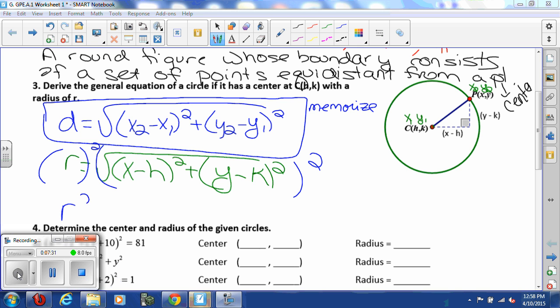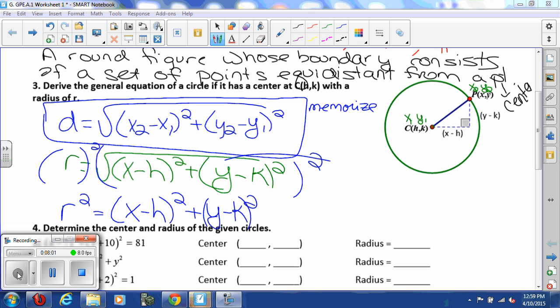The formula for a circle is r squared equals x minus h squared plus y minus k squared. Wait, wouldn't it be just x minus h squared, if you're squaring them? It would, because you're squaring the radical. You're not squaring the square. You're undoing the square root, and to undo the square root, you square.